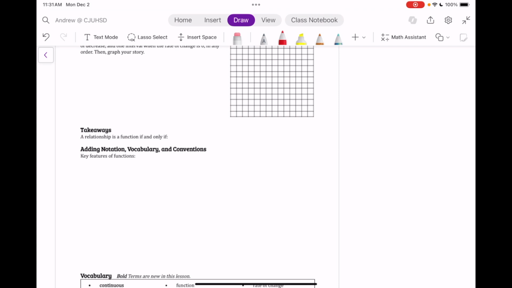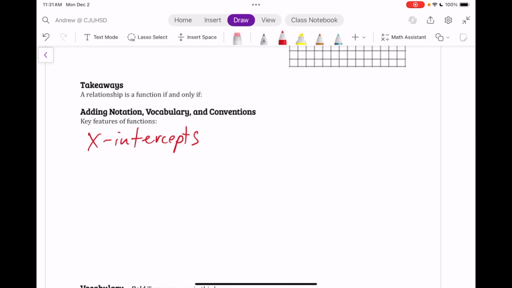Some key features of functions. Functions have x-intercepts at times, places where they cross the x-axis. Functions have a y-intercept.